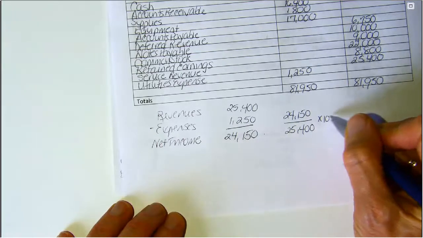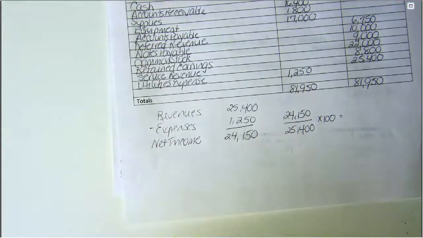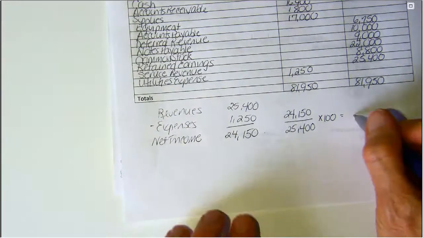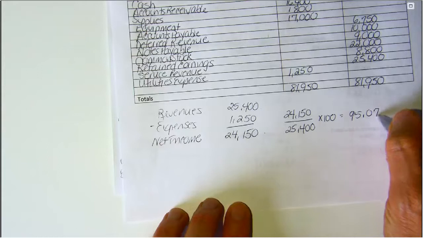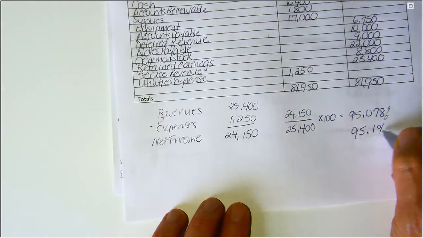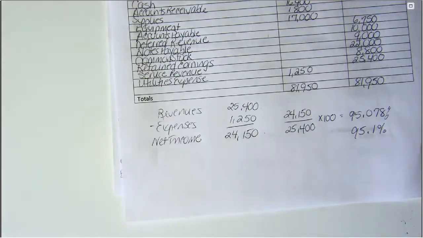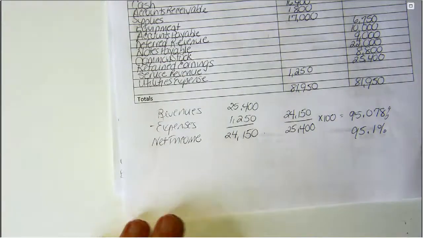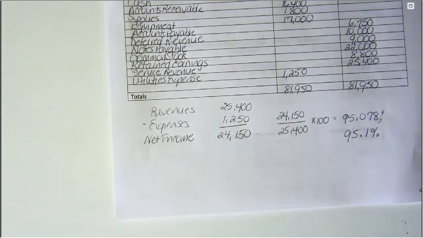I like to multiply it by 100 to change it into a percent, and 24,150 divided by 25,400 times 100 gives us 95.078%, or rounded to one decimal place, 95.1%. That means 95 cents out of every sales dollar ends up as net income, which is an admirable percent for any business. And we are now done with Chapter 3.